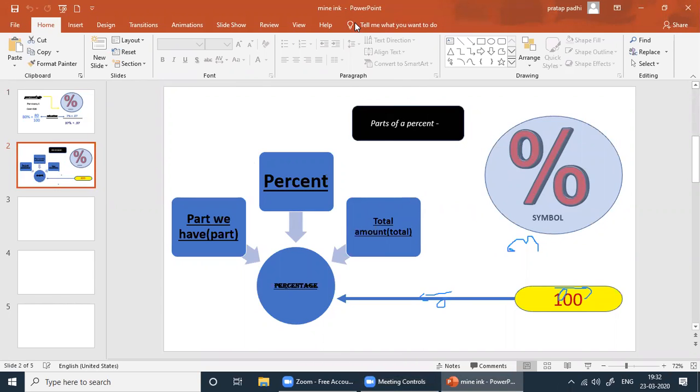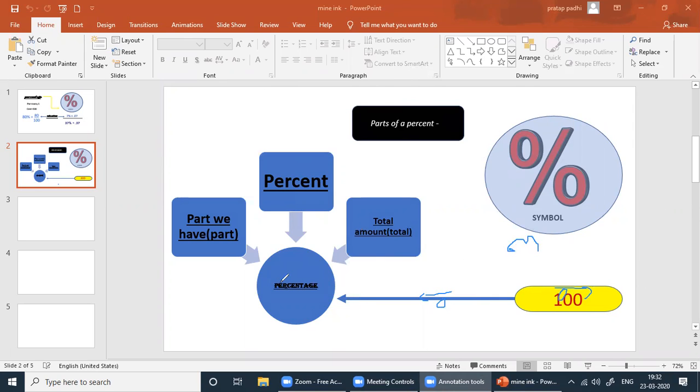Parts of a percent. There are many parts in a percent. There's only 4, but that's still many. These zeros and lines from the last slide don't matter. It's not for this slide.